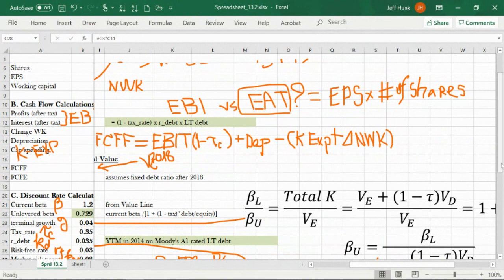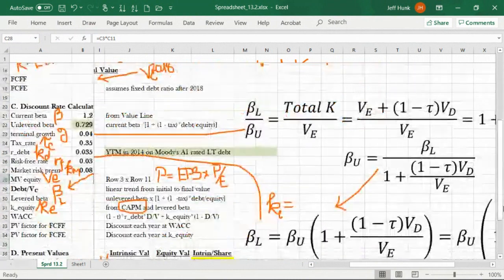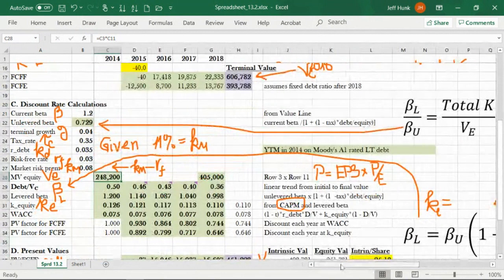Okay. So then think about it. If you multiply earnings per share by the price earnings ratio, then earnings per share cancels out, and it becomes just price.